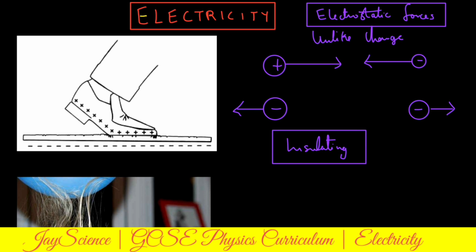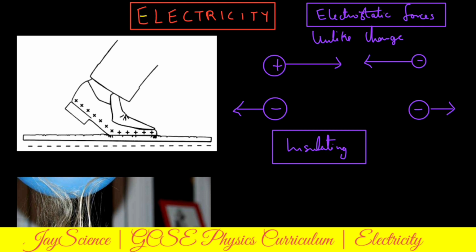Now let's look at the first scenario. You're walking on a carpet, and there will be a buildup of charge once there is friction between the carpet and the socks. Sometimes it can be just the carpet and the socks, because the socks are also an insulator, or it could be the carpet and your shoe, because your shoe is also an insulator.